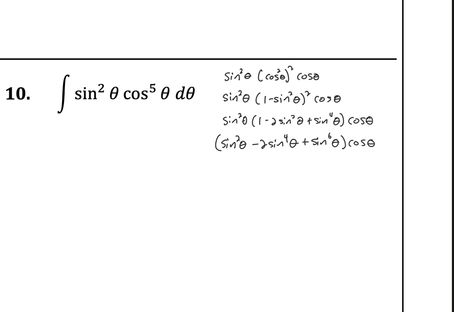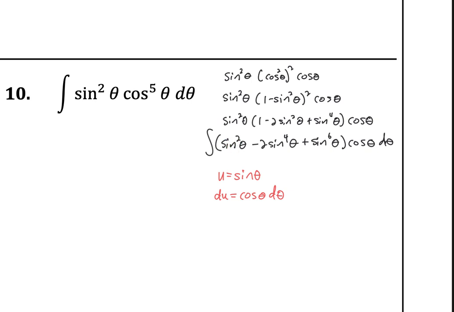Okay, so now we can kind of just do a u sub for the whole thing. Actually, I never really thought about doing it this way, but we could just right away, you know, I kind of thought of it as splitting it up, but you could just do u sub, make u sine theta, and then du is cosine theta d theta, right? Because if we're doing this integral, this has a d theta. So now we can replace all these signs with u's.